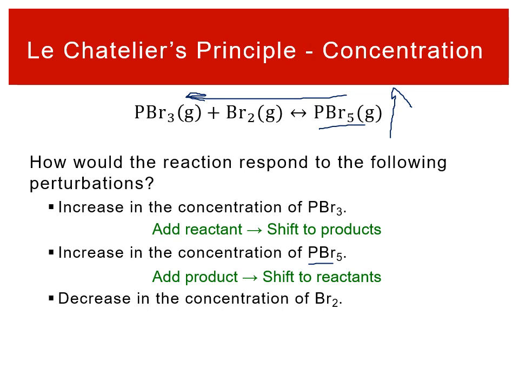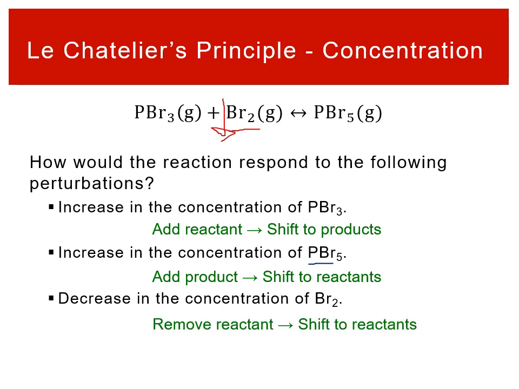Finally, we have a decrease in the concentration of Br2. So we're going to decrease Br2. What we're doing there is removing a reactant. If we're removing a reactant, the system needs to respond to replenish that reactant. So that would be a shift back to reactants.